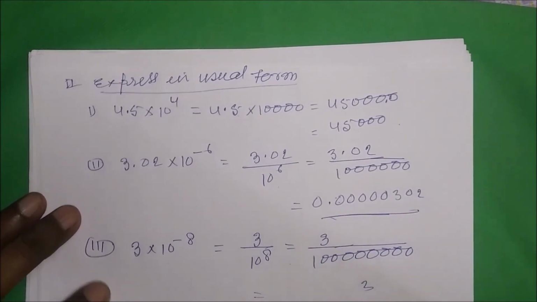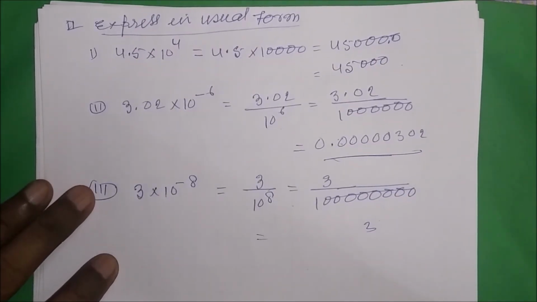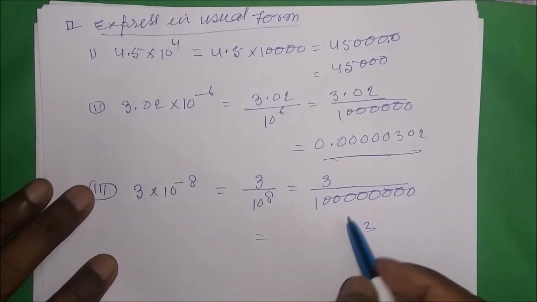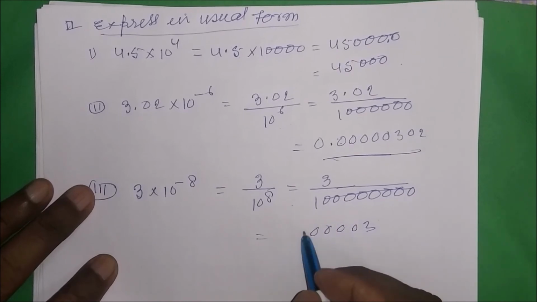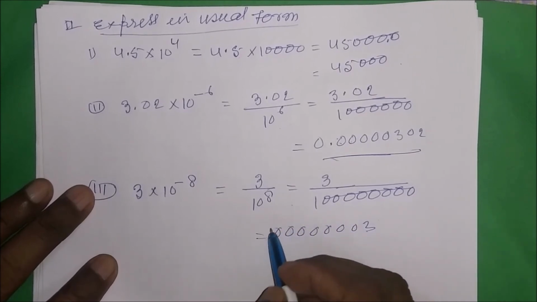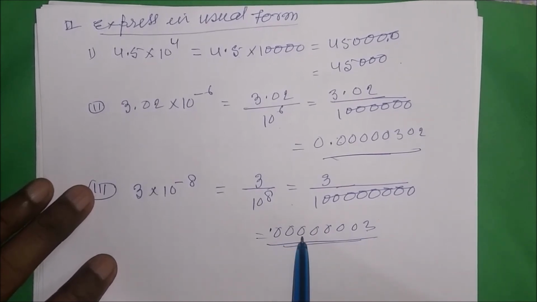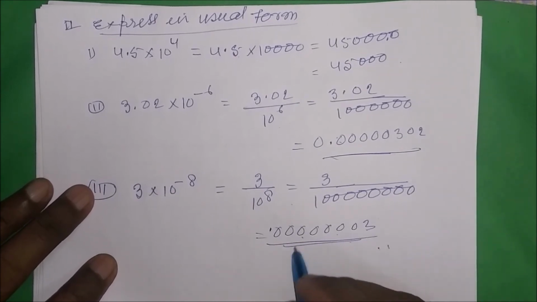First you write here 3. 3 you write down, and you have to count how many numbers? 1, 2, 3, 4, 5, 6, 7, 8. So 1 already is there. 2, 3, 4, 5, 6, 7, 8, and put a point. So see how many zeros have come? 3 and 3, 6. 3 and 3, 6 and 2, 8. So this could be the answer.